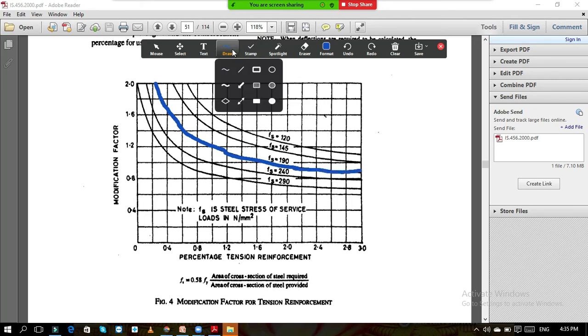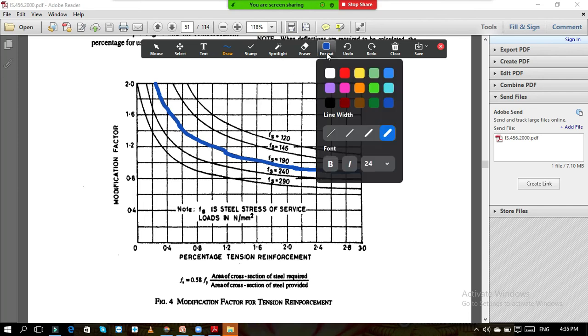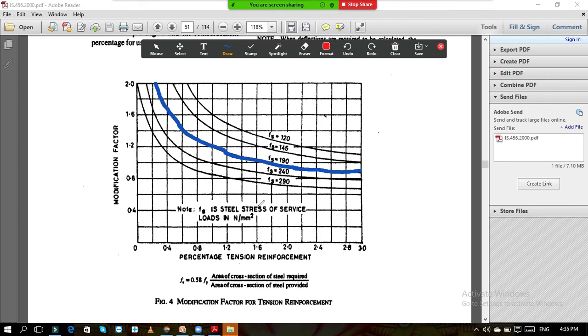So we have taken this 190 value. Then on the x-axis, you know, here is the percentage of steel, and on the y-axis the modification factor. Now your percentage of steel is 0.39%, so 0.39% is somewhere here.